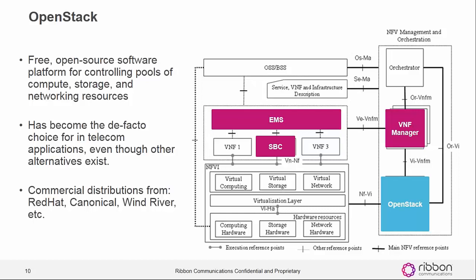That is a very robust community of developers and people, including us and many other vendors, providing inputs, but it's actually commercial distributions from companies like Red Hat, Canonical, and Wind River, etc., who take the open source releases and turn them into commercial distributions, providing packaging, testing, and support for these open source products. So the reason I listed those three is because those are all three that we've currently worked with in the past.